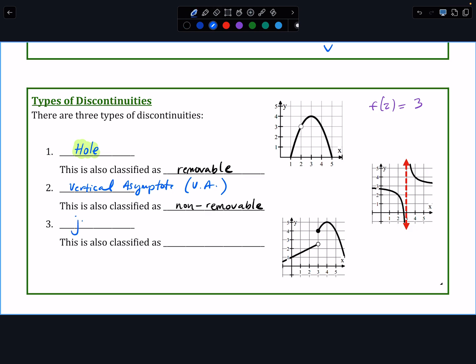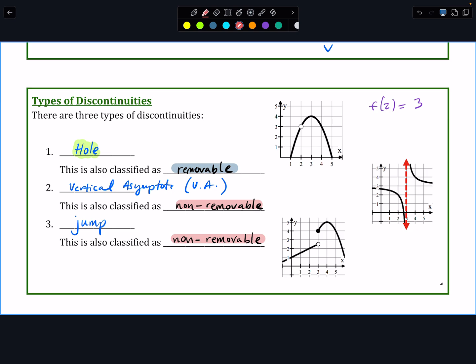This is a jump. This is also non-removable. Questions?